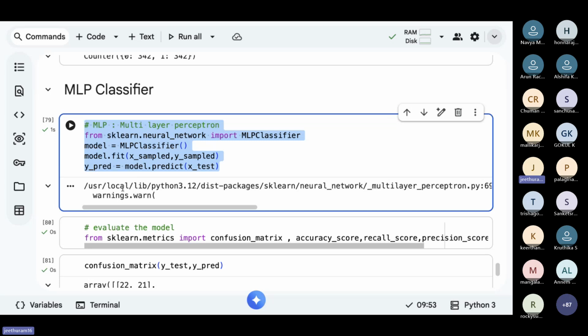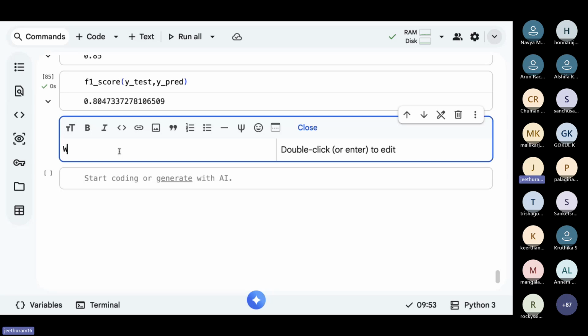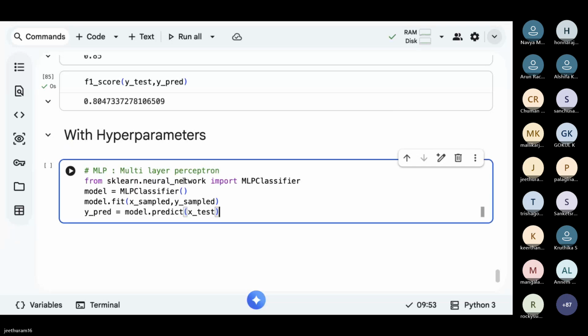Now let's see with hyperparameters what will happen. Any idea what the hyperparameters of a multi-layer perceptron are?